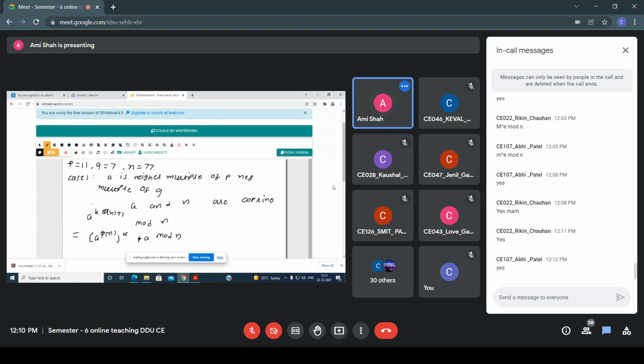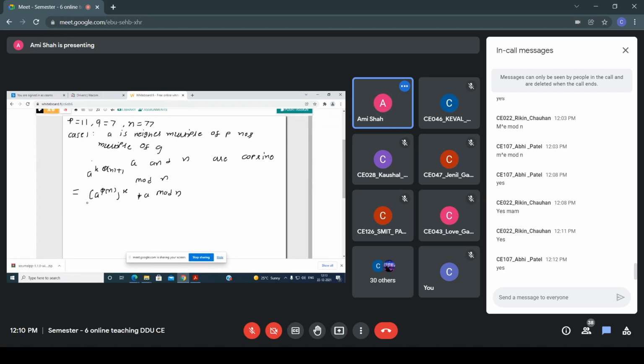Now according to Euler's theorem, which I have already explained, I can say a raised to phi n is congruent to 1 mod n.